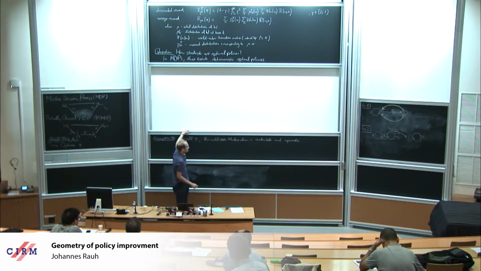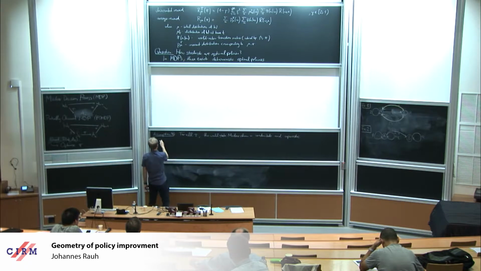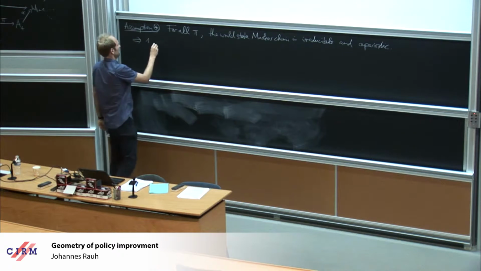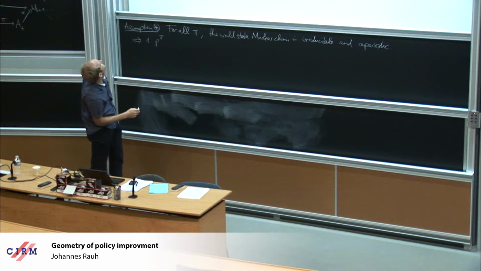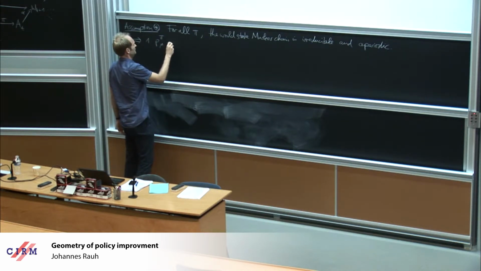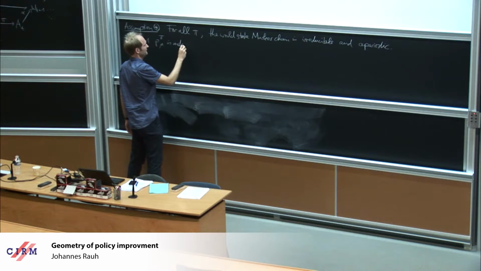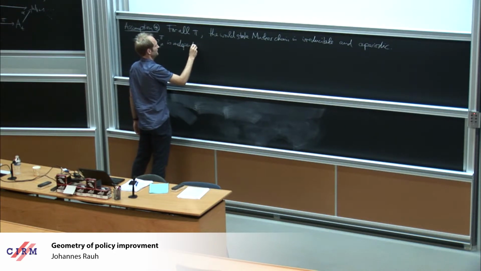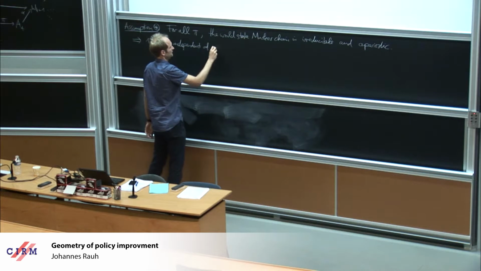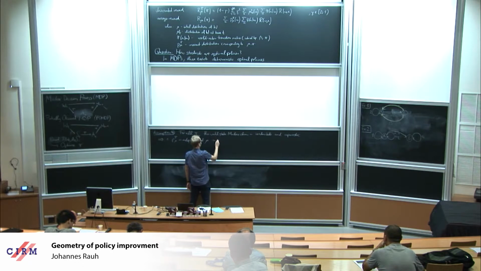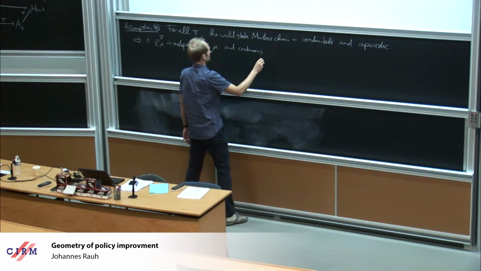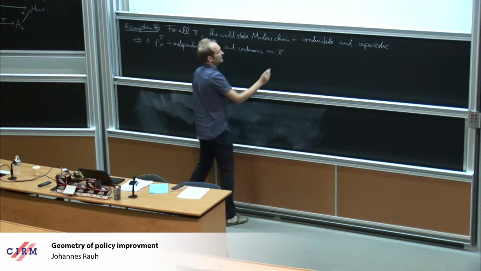But the main technical consequences: the limit distribution exists, it's unique, it's independent of mu, and it depends continuously on the policy pi.